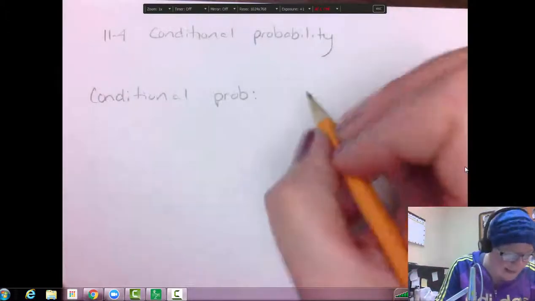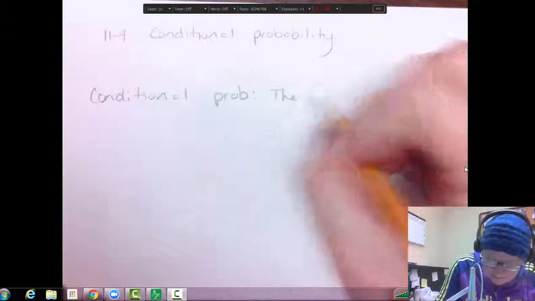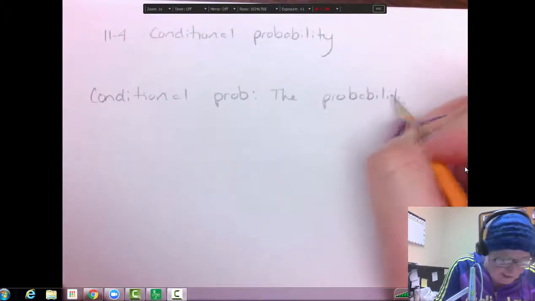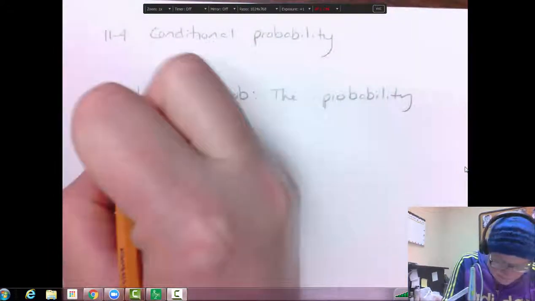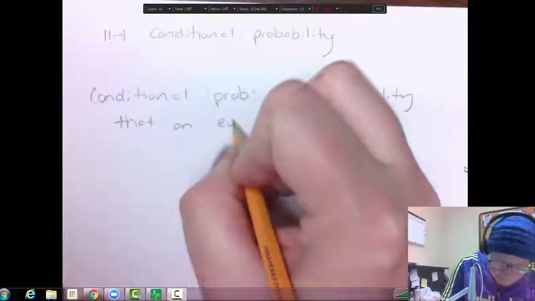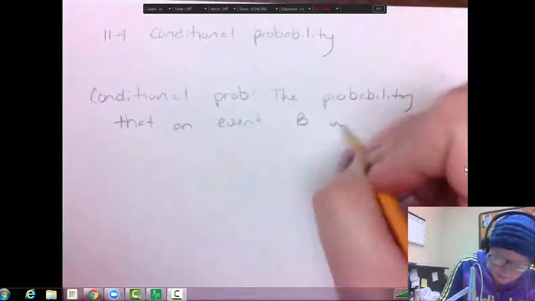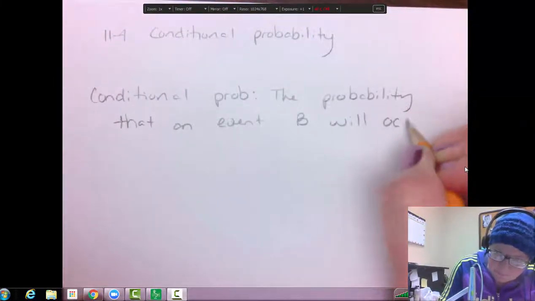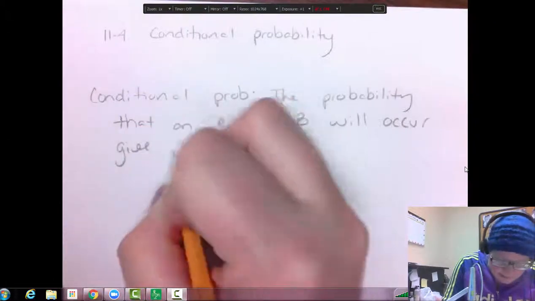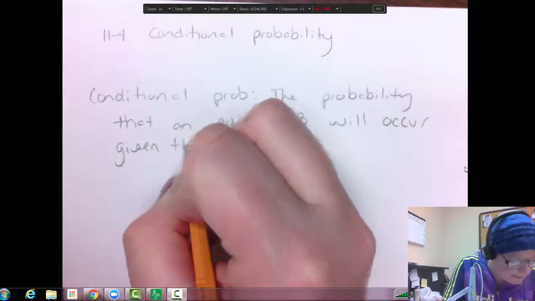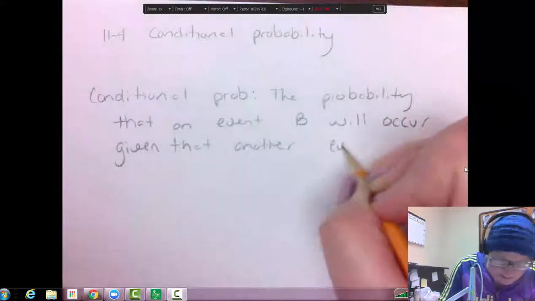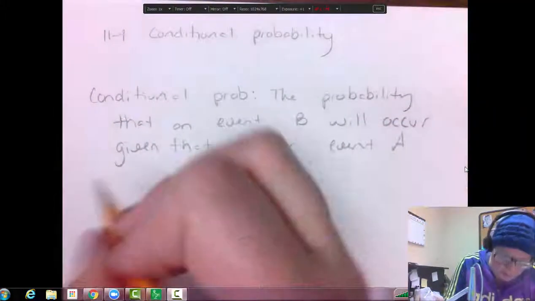So let's write that out. The probability that event B will occur given that another event A has already occurred.